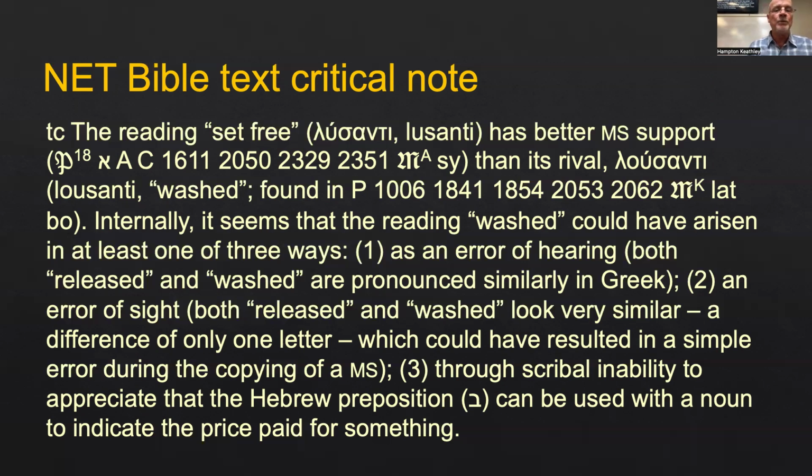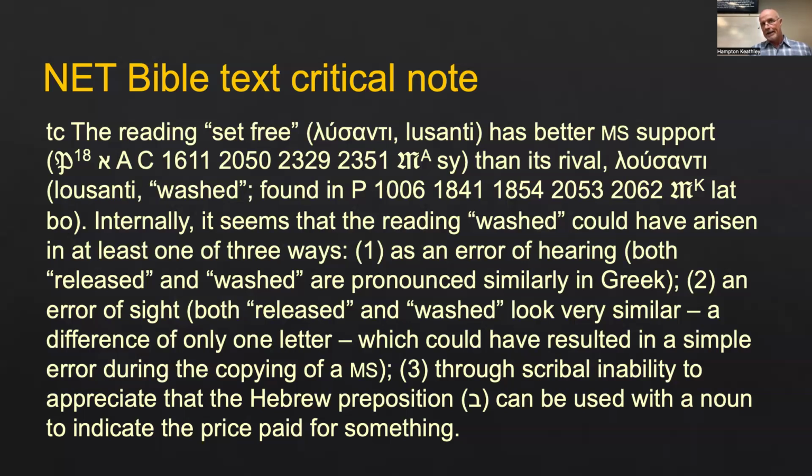Internally, it seems that the reading "washed" could have arisen in at least one of 3 ways: as an error of hearing, because they sound the same in Greek; an error of sight, because they only have 1 letter difference; or 3, through the scribal inability to appreciate that the Hebrew preposition can be used with a noun to indicate the price paid for something.